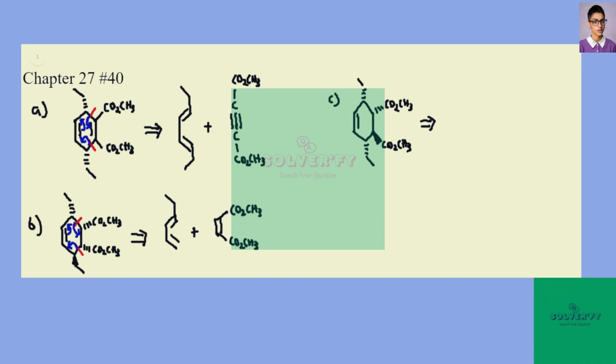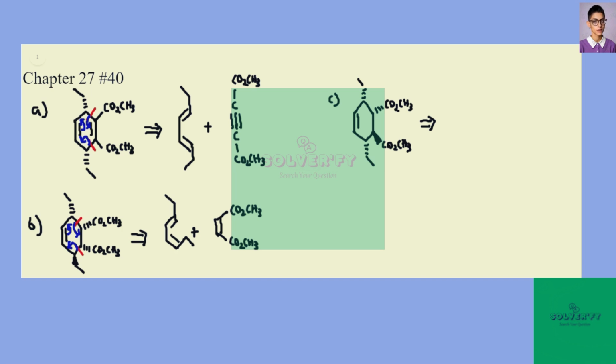So we're just going to change this one at least, and make it Z. So it'll be cis. That's how that will look. And when these two reactants are put together, we will get the product that we were asked to start from.